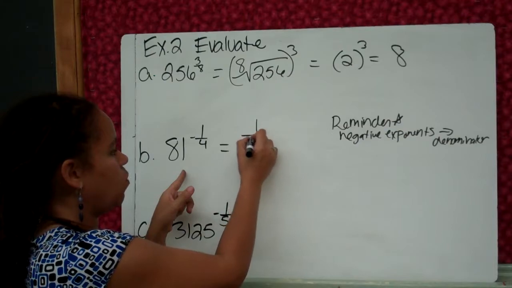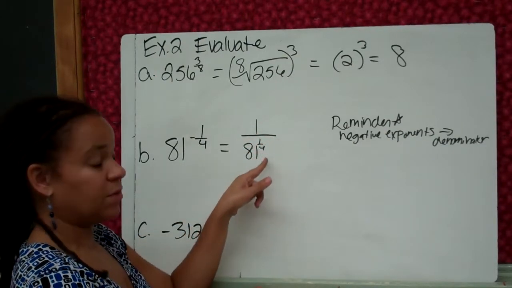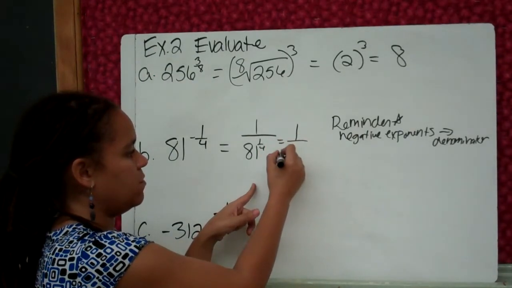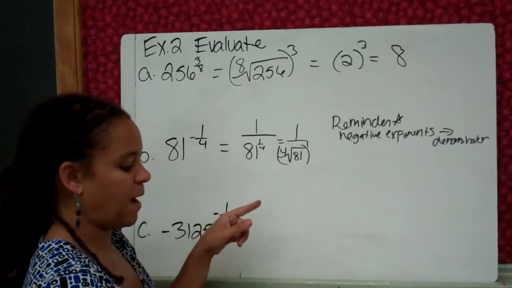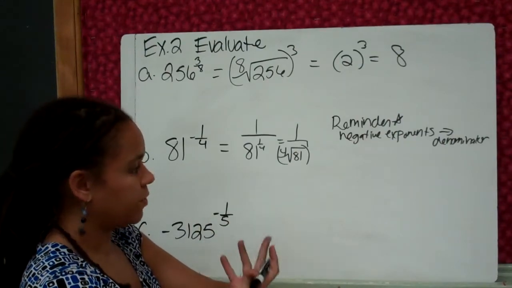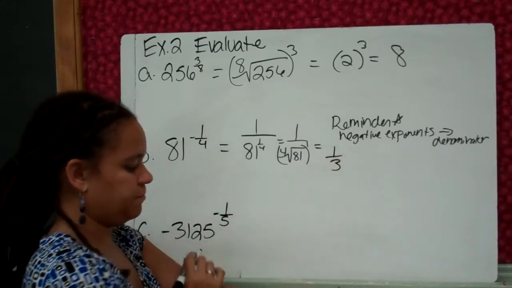So this turns into 1 over 81 to the 1/4. That's how we take care of the negative exponent. And now this is going to be 1 over the 4th root of 81 to the first power. And the 4th root of 81 is 3. 3 to the first power is 3. So our final answer is just 1/3.